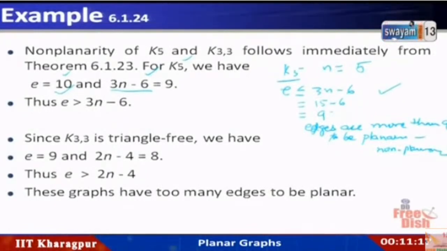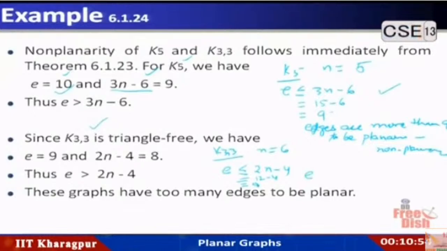Similarly, E should be less than or equal to 2n minus 4, and here in K3,3 we have n equal to 6, so that comes out to be 8.